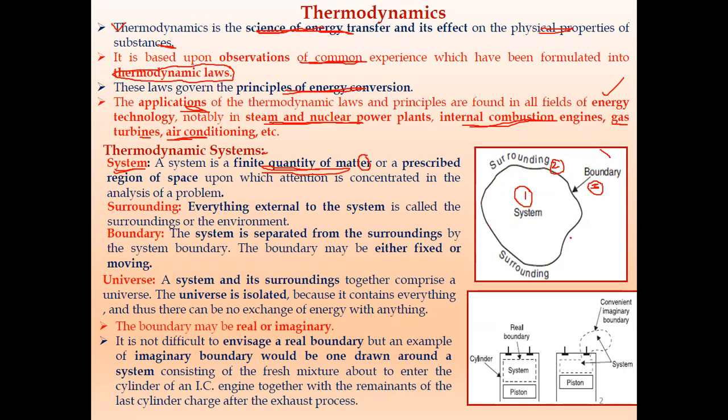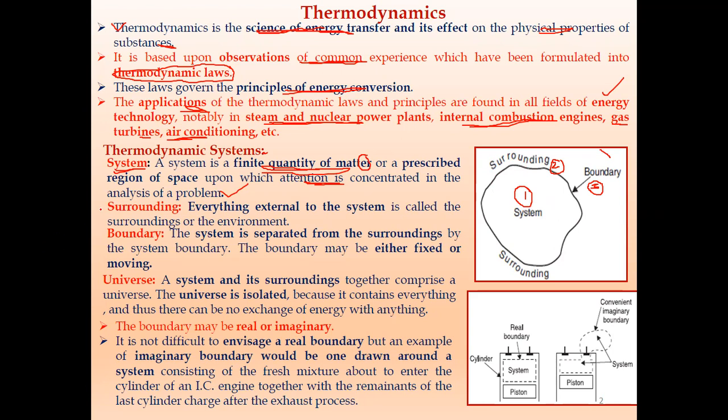That part is known as the system. So a system is a finite quantity of matter or a prescribed region of space upon which the attention is concentrated in the analysis of a problem. So we will do analysis of that system. That is the definition of system.